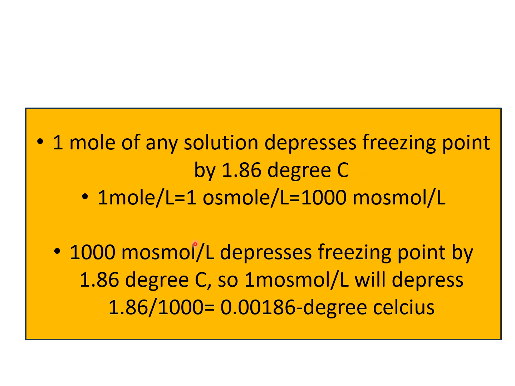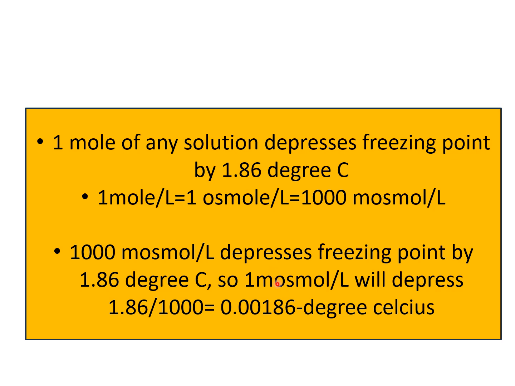So 1 mole per liter, or 1 osmole per liter, means 1000 milliosmoles per liter. So we can say that a concentration of 1000 milliosmoles per liter of a solution depresses the freezing point by 1.86 degrees.